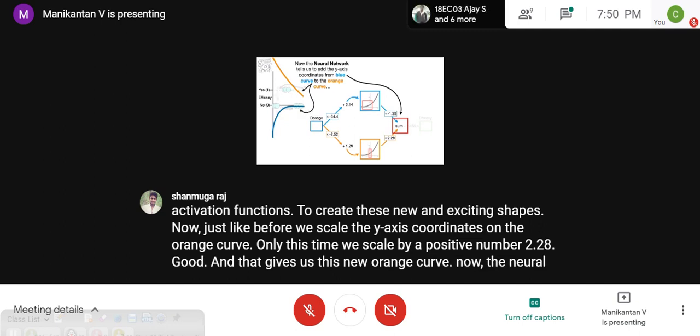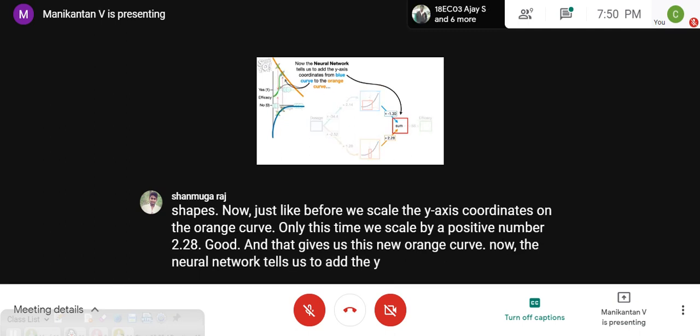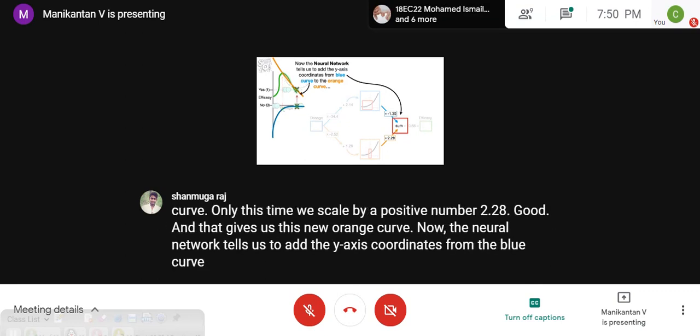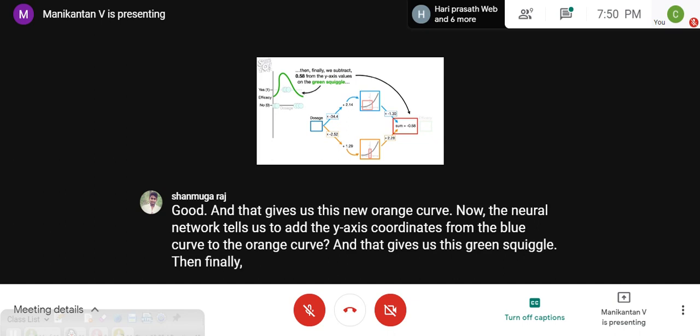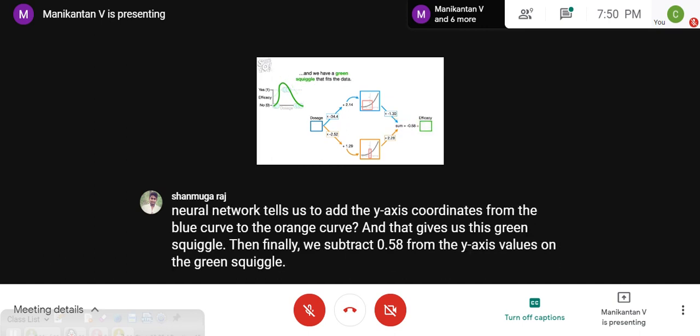Now the neural network tells us to add the y-axis coordinates from the blue curve to the orange curve. And that gives us this green squiggle. Then, finally, we subtract 0.58 from the y-axis values on the green squiggle. And we have a green squiggle that fits the data.